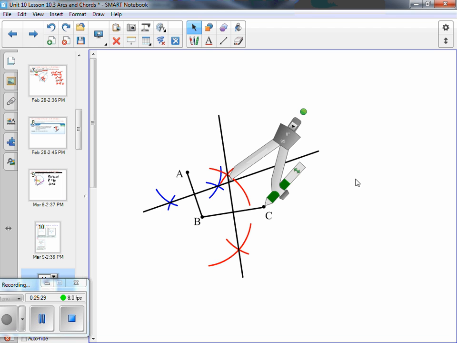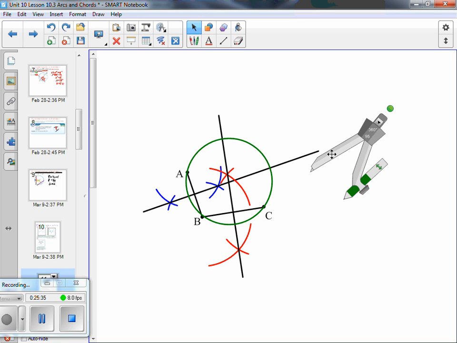See how I've got mine? Draw your circle. Isn't that neat? You just constructed a circle through 3 non-collinear points.